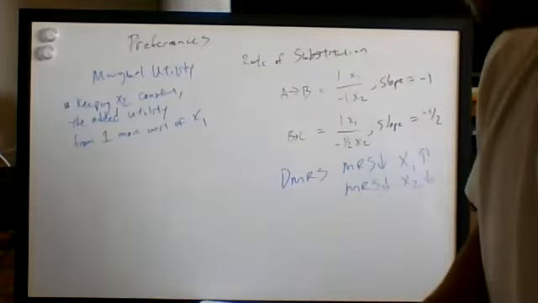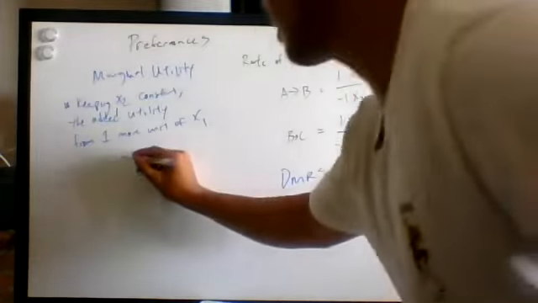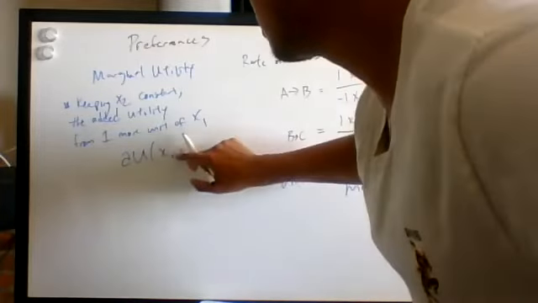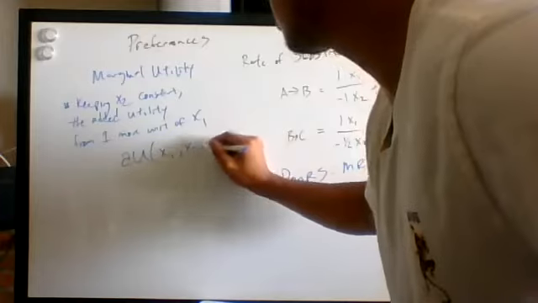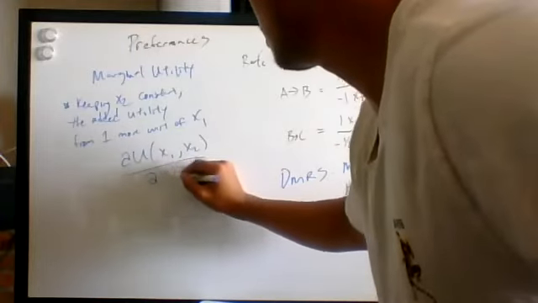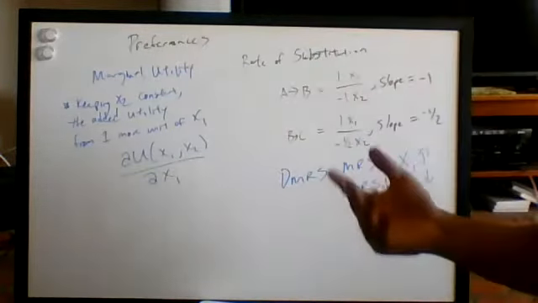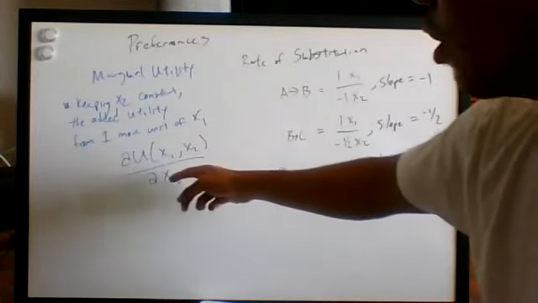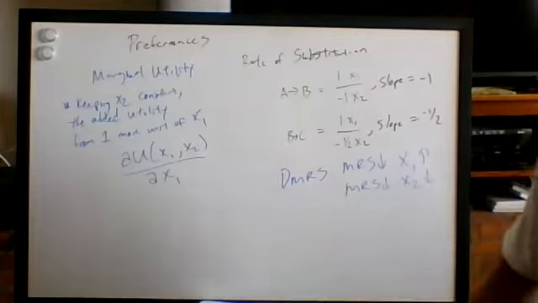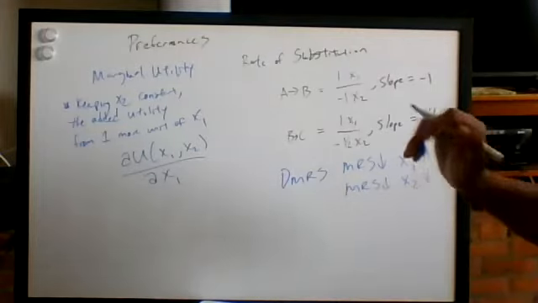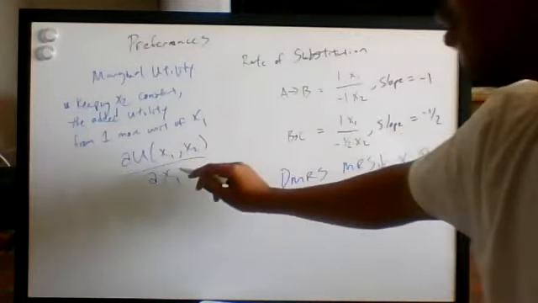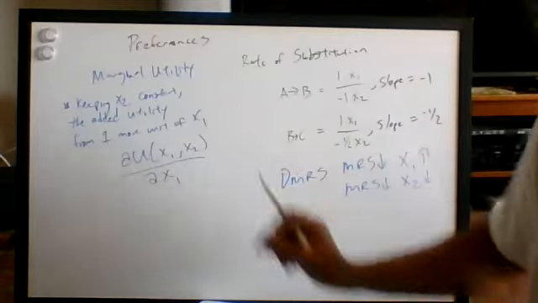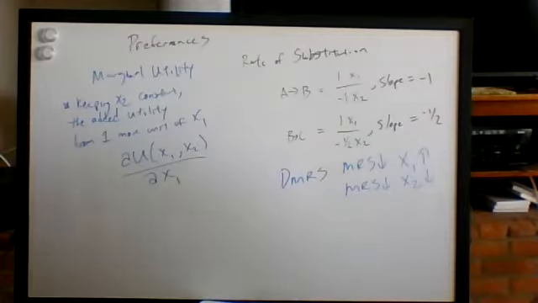You might see it expressed as the utility of x1, x2 over x1. Mathematically, this is the change in the utility as a function of x1 and x2 over the change in x1. This is the marginal utility of x1, and you would swap x1 for x2 if you're finding the marginal utility of x2.